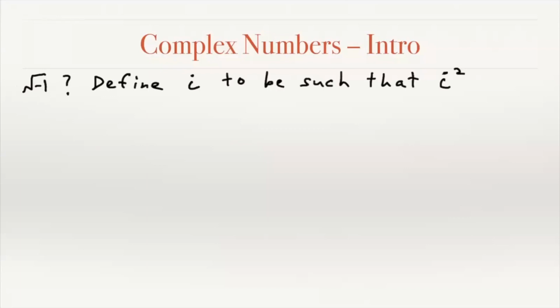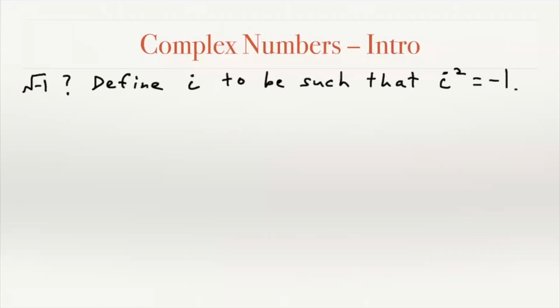Before we get into this, we need to do a review, or if you haven't seen them before, simply teach complex numbers. So what is the square root of -1? Well, you can't take the square root of a negative, you might have learned. That's because -1 squared is +1. This has no real solution. And what we do is we define i to be such that i squared is equal to -1.